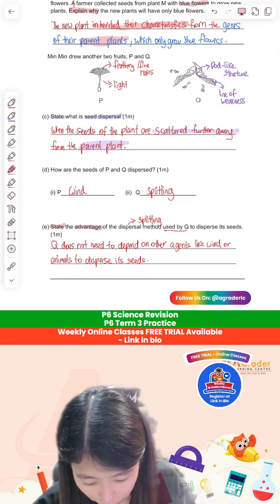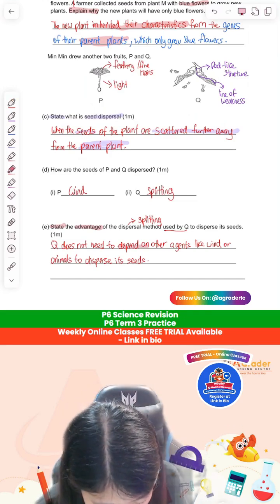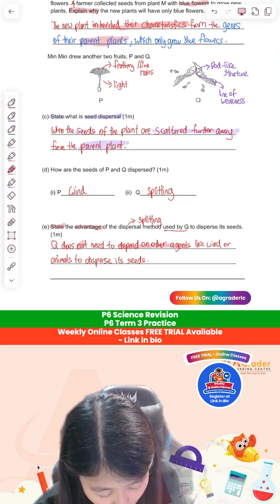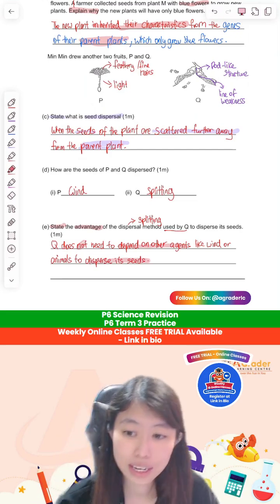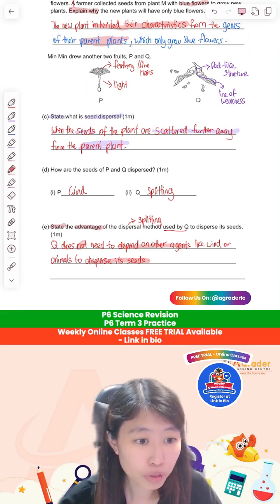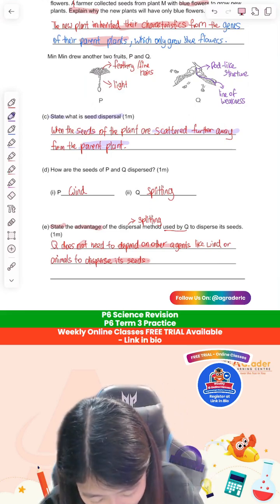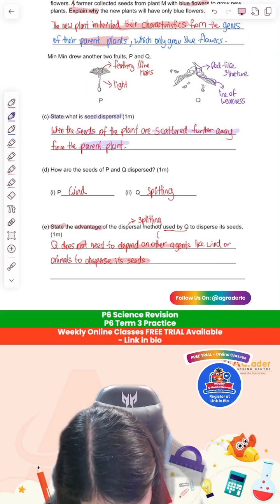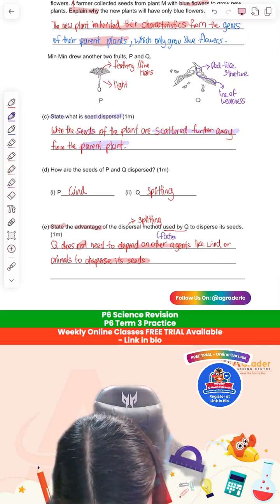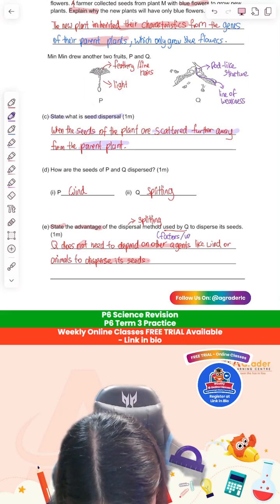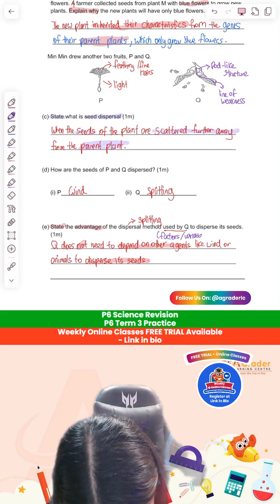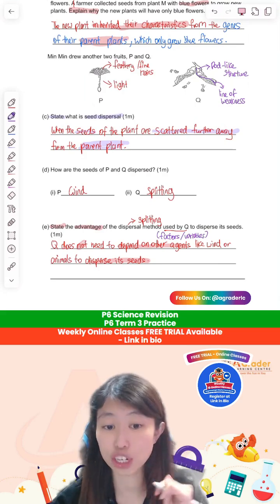Please remember to mention that it does not need to depend on other agents to disperse its seeds. I'm going to put brackets since a lot of you tell me different things. You can put factors, external factors, or variables. It's fine to replace agents.